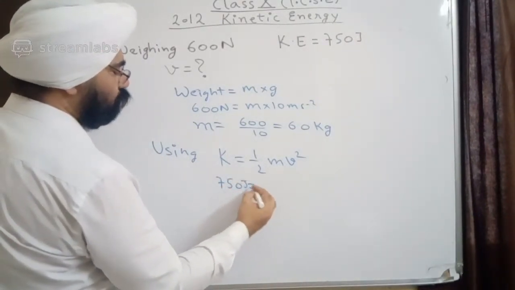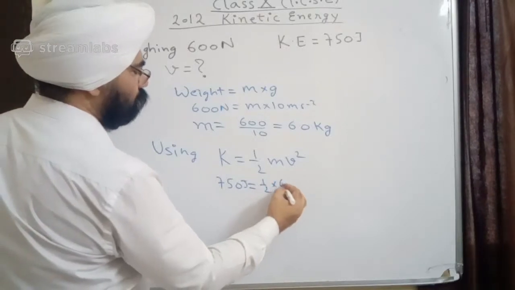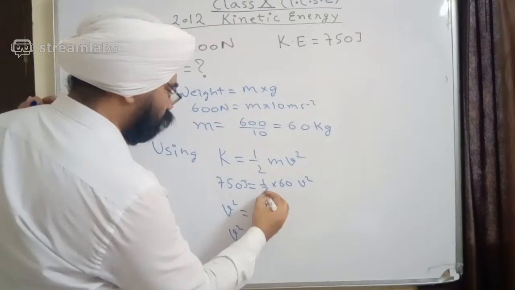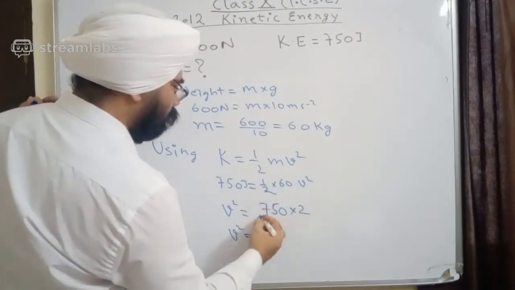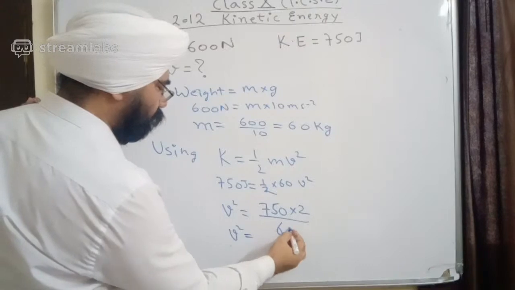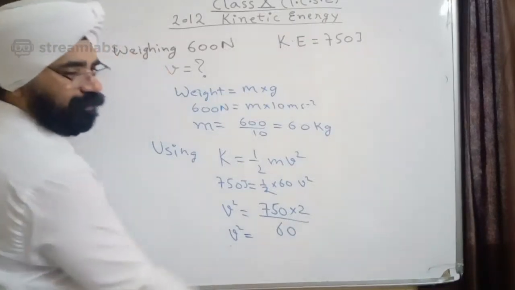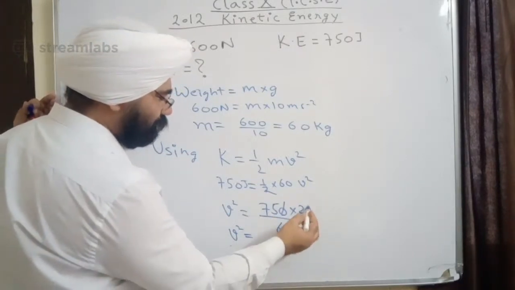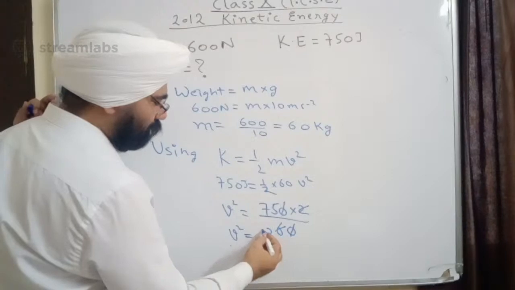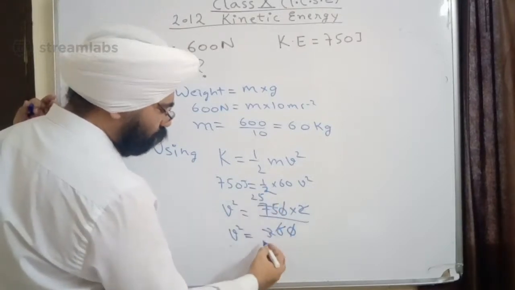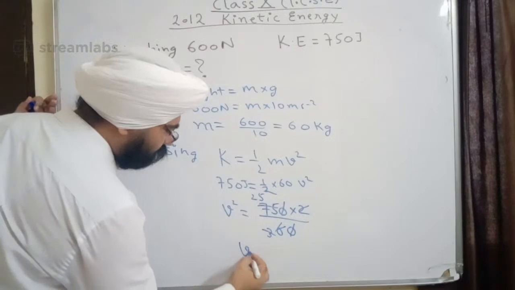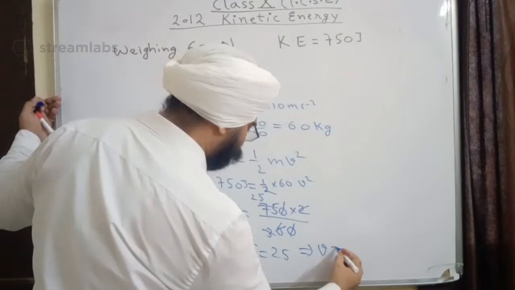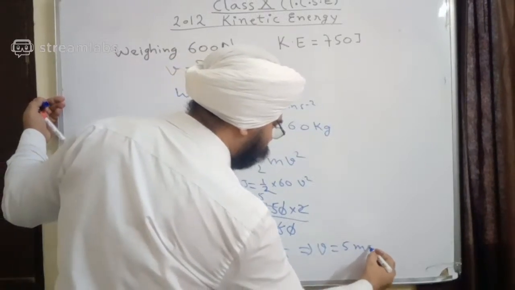So we put 750 joules over here, half into 60 kg into v square. This 2 goes up into 2 and this goes down by 60. So this cancels, 2 3s are 6 and this is 25. So v square comes out to be 25, which implies that my v is equal to 5 meter per second.